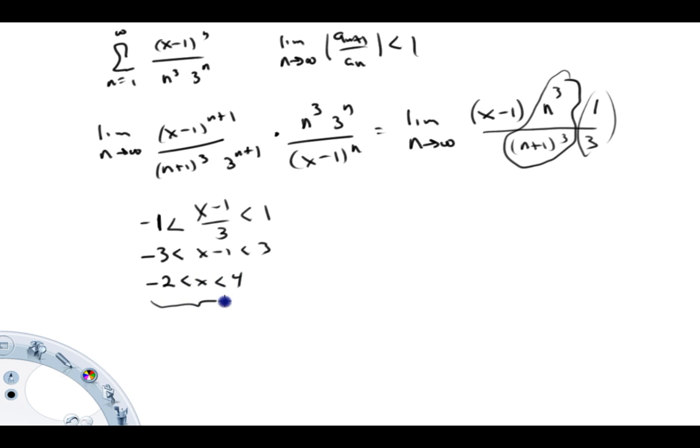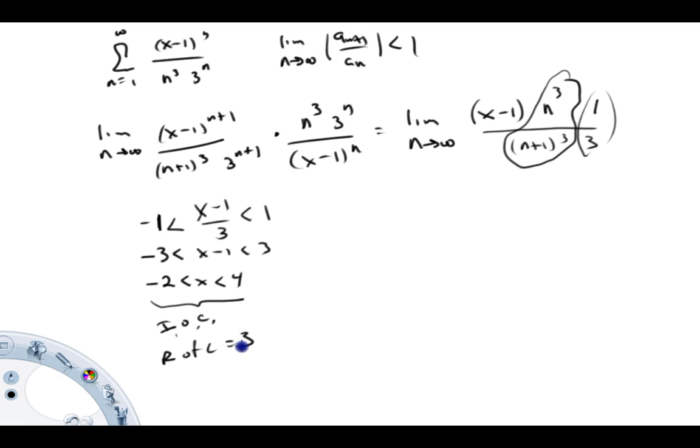And this is what's known as our interval of convergence. A lot of people, or textbooks, like to ask about the radius of convergence, and that's basically how far x can vary from the center of this and still converge. The distance between these 2 points is 6, and half of that is 3. So the radius of convergence is 3.